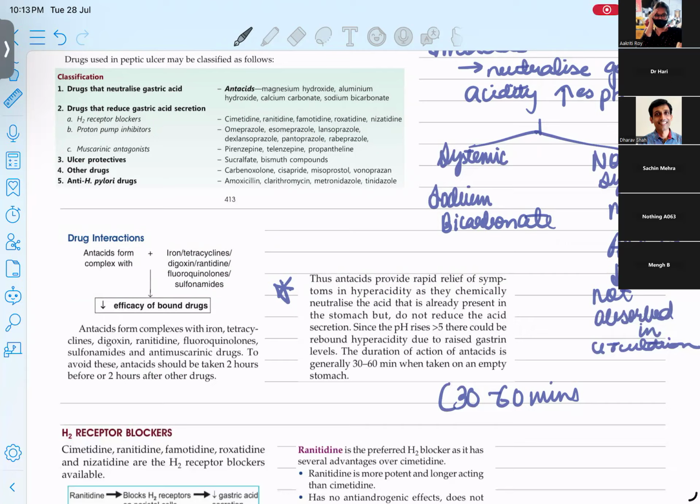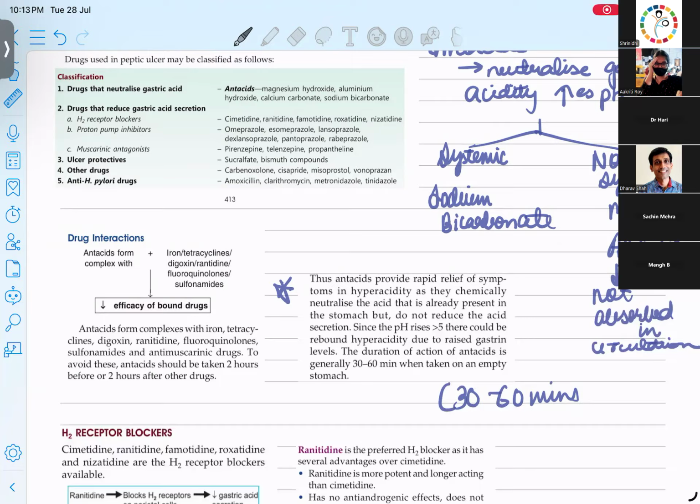And the medicines mentioned here, such as many antibiotics, tetracyclines, fluoroquinolones, sulfonamides, digoxin in cardiovascular diseases, and even ranitidine, because it decreases the efficacy of bound drugs, and it is generally to be avoided. So antacids should be taken 2 hours before or 2 hours after these drugs.